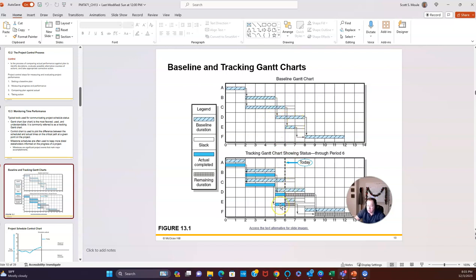And guess what? You were able to accelerate start activity E even earlier. So this tells you a nice graphic of where you are within a project and are you completing the task you thought you were going to complete on time.